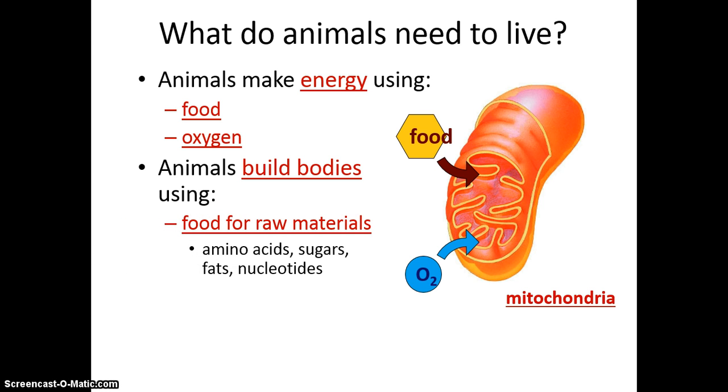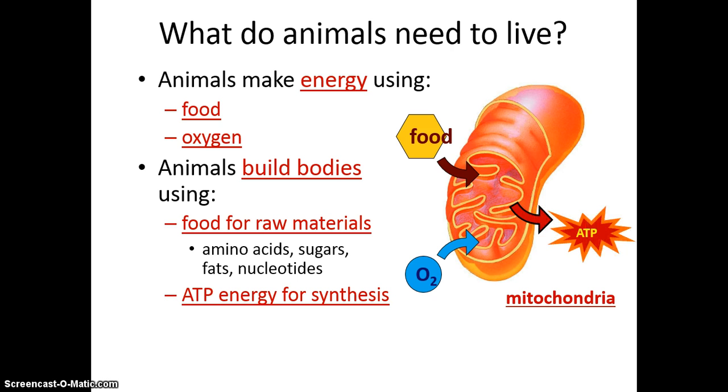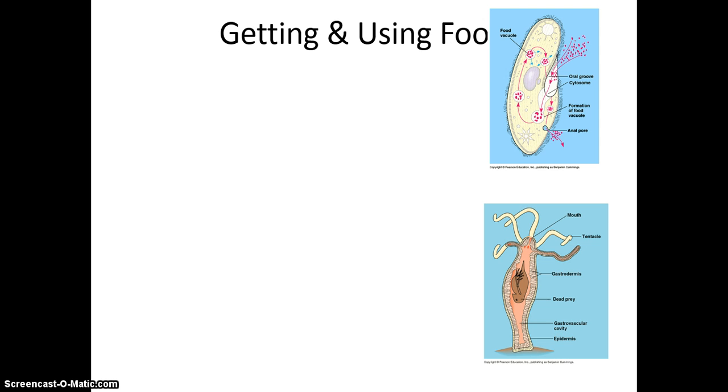Essentially, food is raw materials so that we can build new macromolecules. So we need amino acids, sugars, fats, and nucleotides. And so this is why we need to eat, because we need energy and we need to build bodies.